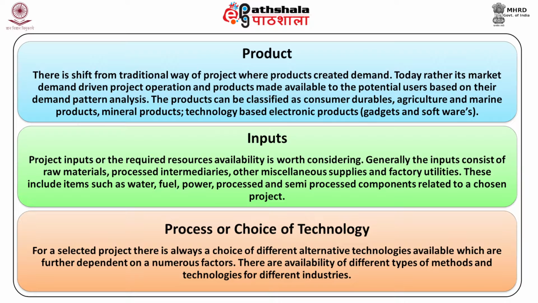Process or choice of technology. For a selected project, there is always a choice of different alternative technologies available, which are further dependent on numerous factors. There is availability of different types of methods and technologies for different industries.